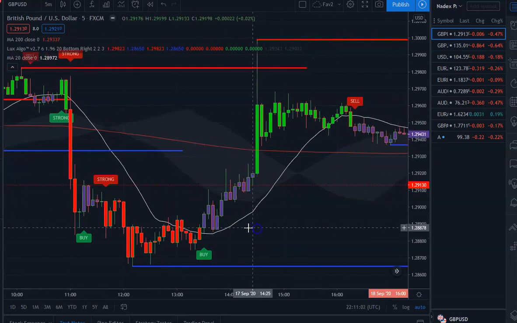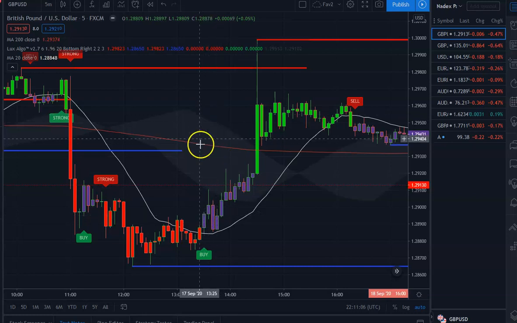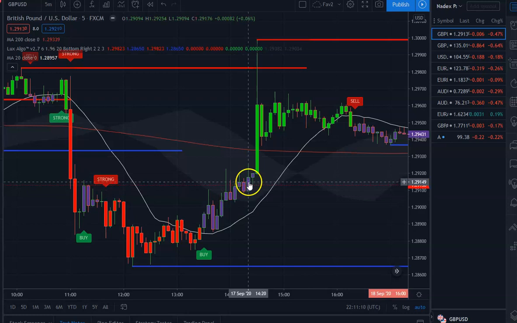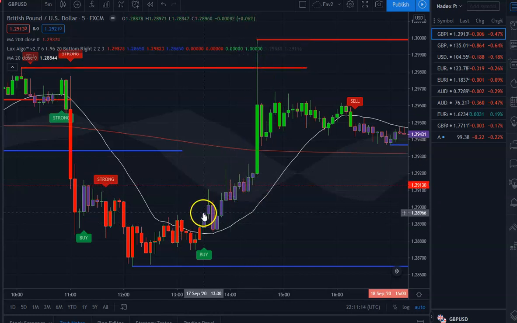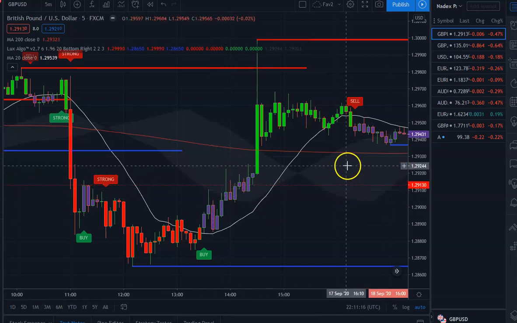I took a buy here. This is before I started using the 2 EMAs. I got out here when I saw these candles not changing into green. So I missed this whole big move here, but at least I got like 10-15 pips out of it.